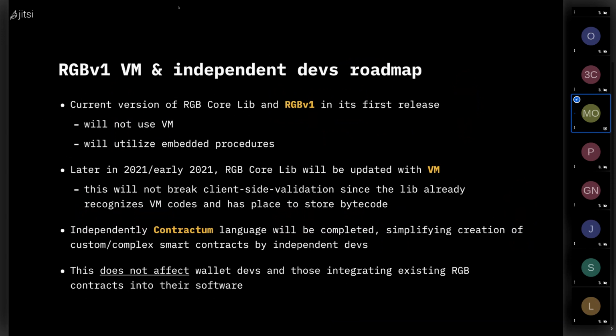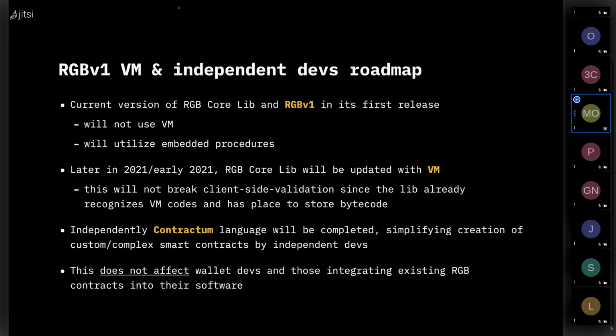So basically, the day when the virtual machine is released and you have the Contractum language and everything like that, you can compile the schema and it will be compatible with the current release of the library. It wouldn't say that something is invalid. It may say that you need to update the software to include this new virtual machine, but it wouldn't say that the state is invalid.